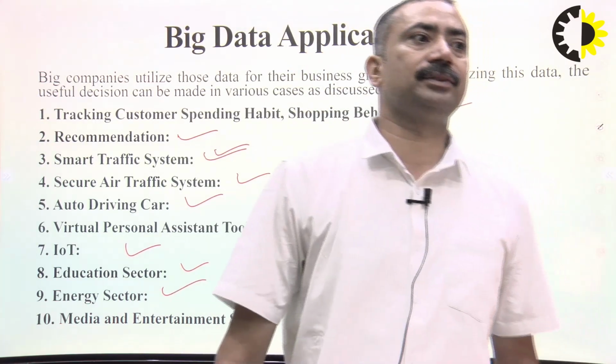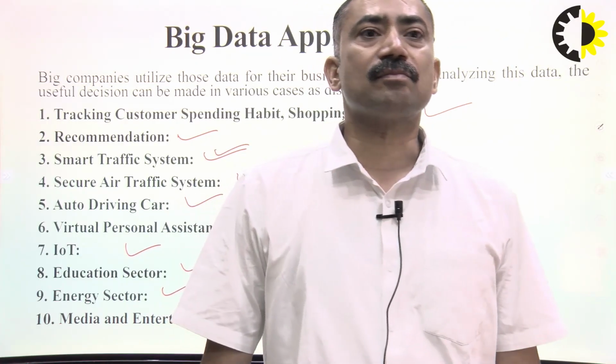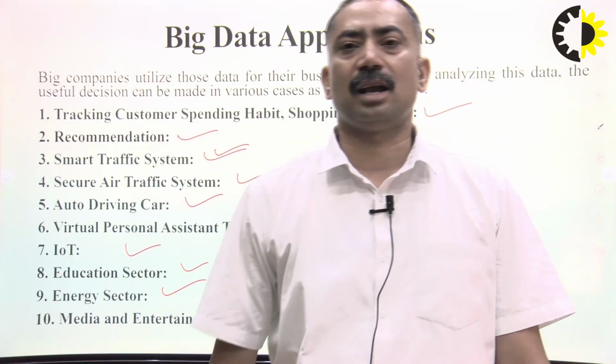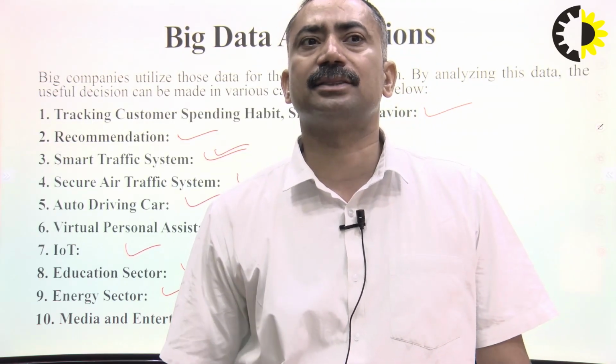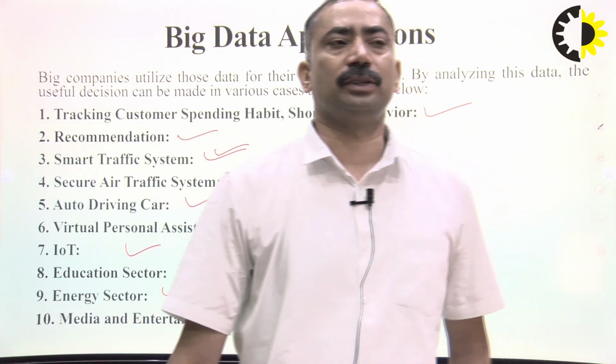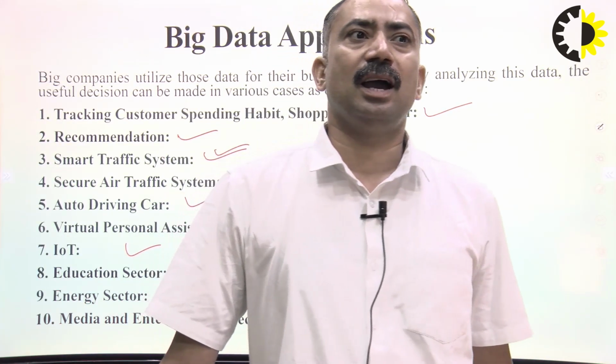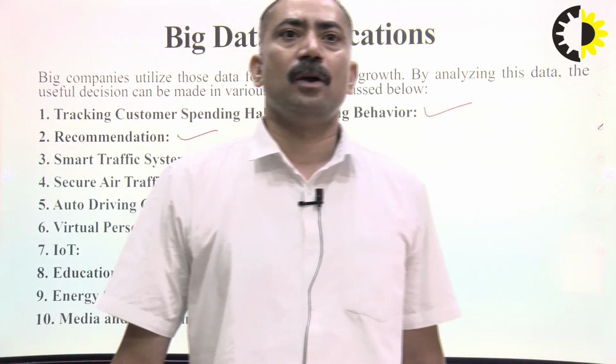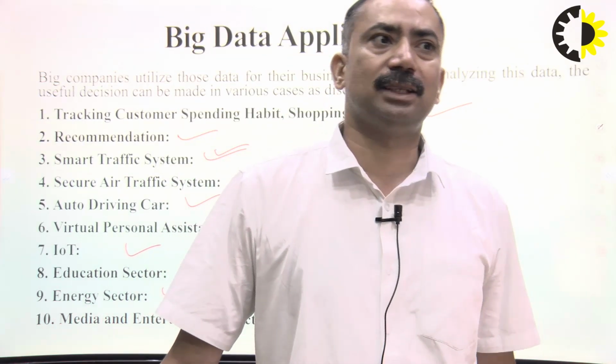Another example is the energy sector. A smart electric meter reads consumed power every 15 minutes and sends this data to the server, where the data is analyzed, and it can be estimated what time in a day the load is less throughout the city.